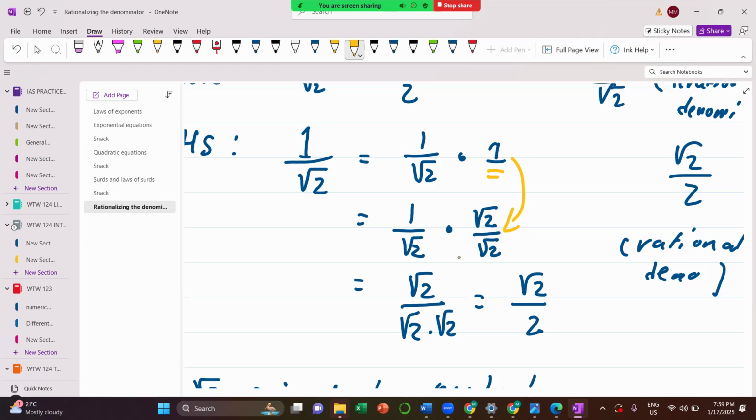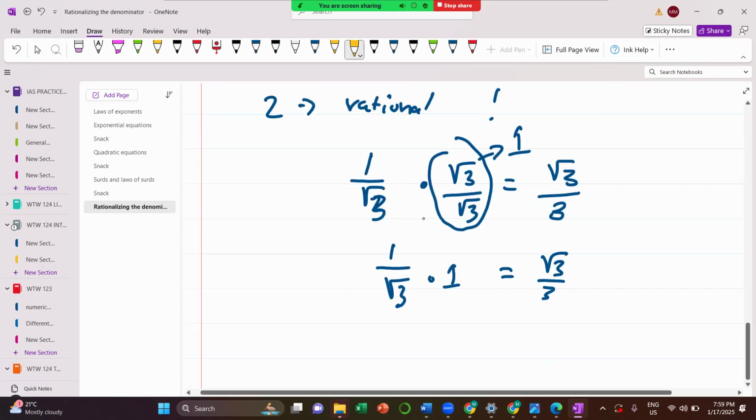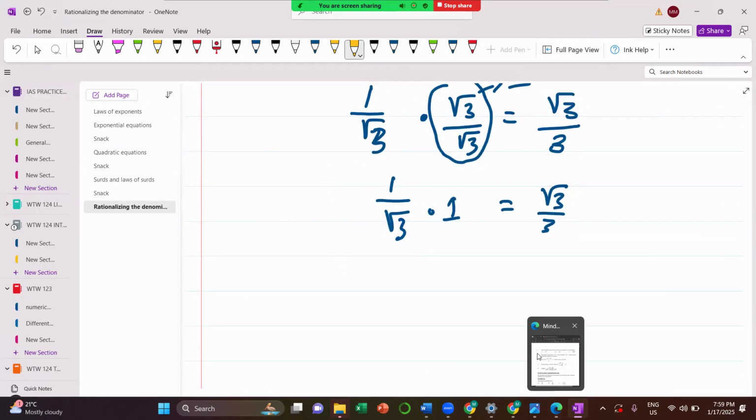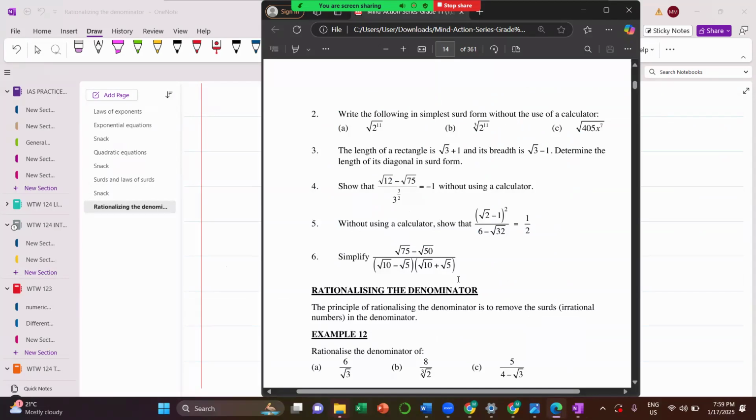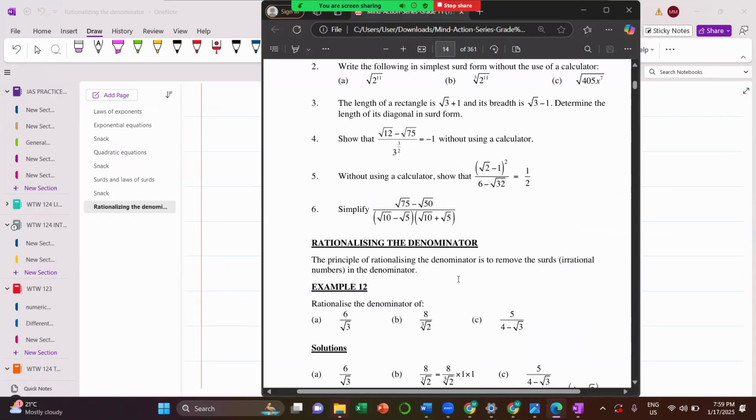Can we move to examples? Yes, sir. Okay. So I'm going to go to the textbook and grab a few examples.